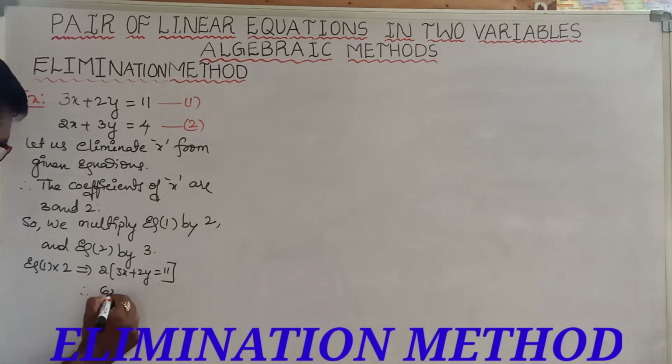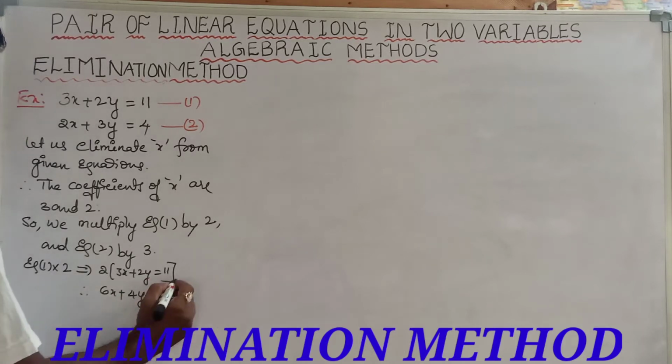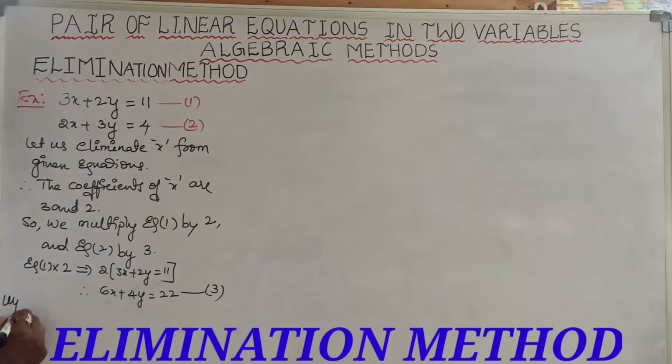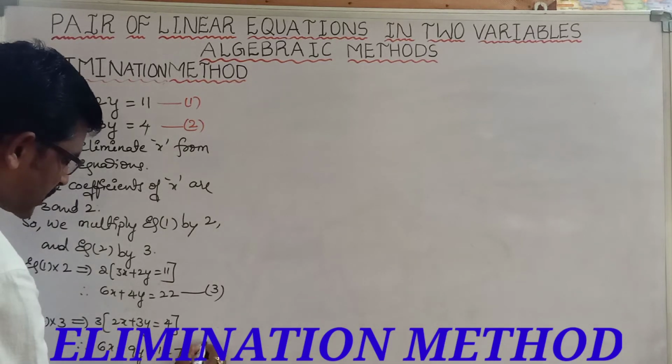Therefore 6x plus 4y is equal to 22. Equation 3. Similarly, equation 2 into 3 implies 3 into (2x plus 3y) is equal to 4 times 3. Therefore 6x plus 9y is equal to 12. Equation 4.